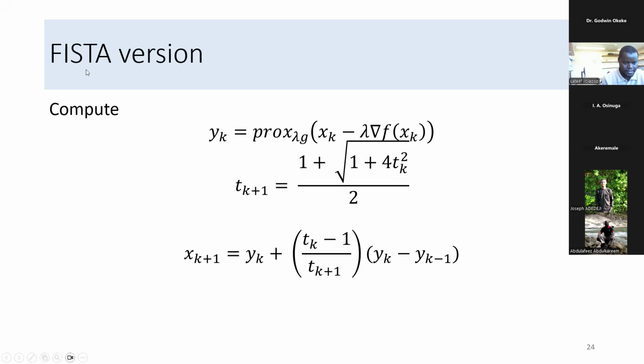Here comes FISTA, which is the faster version of the proximal gradient algorithm, by adding a memory parameter as well. This is a form of the extrapolated FISTA in particular, because we have the momentum term being taken to accelerate the iterates. So you have results on these that prove the convergence of this method as well.